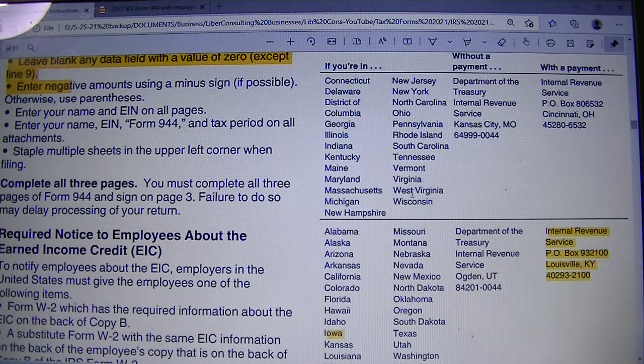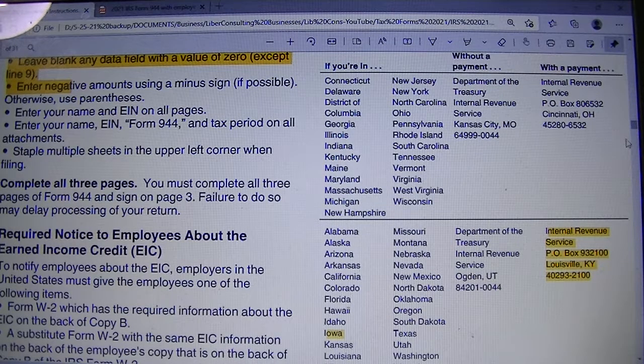So the instructions are important to have on hand when you are completing your Form 944. And that's how you'll complete your 944, put it in the envelope, put your business address on it, put the address that you are sending it to, and mail it via USPS first class with a tracking number.